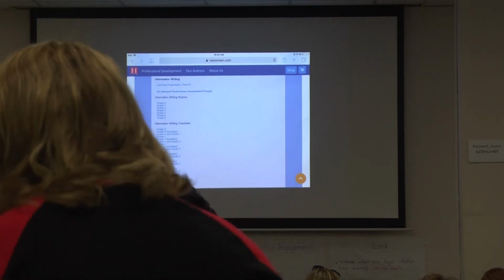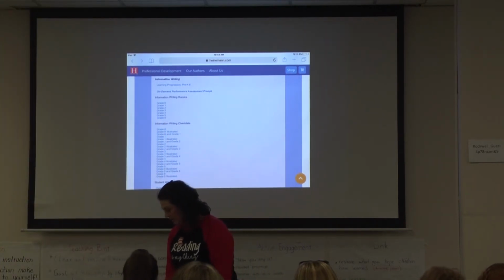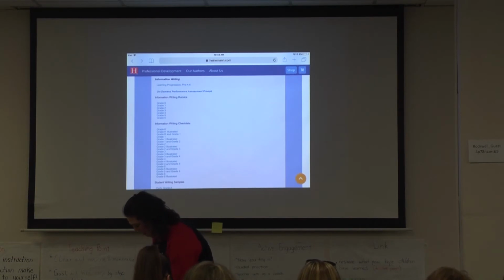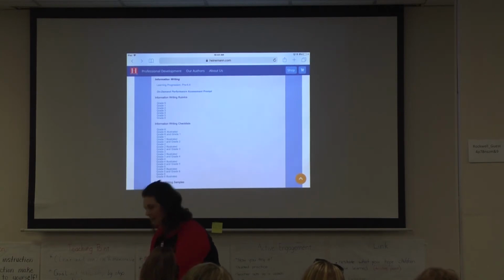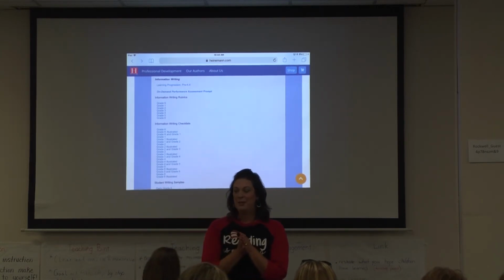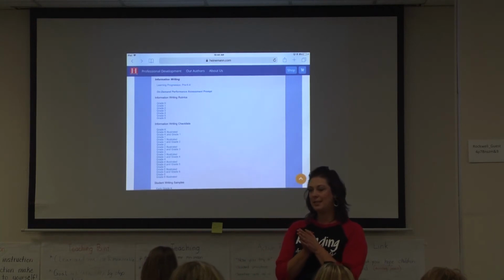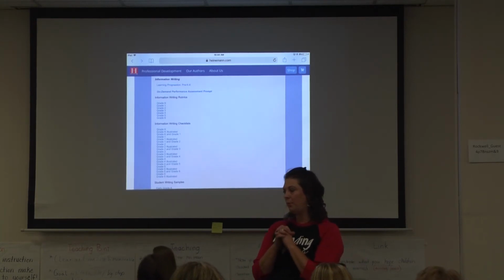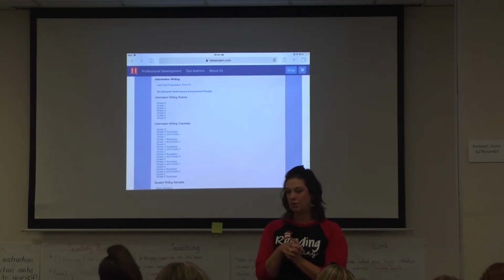Okay, on to chapter 5. In the Pathways book, everyone turn to chapter 5. I told Laura, I love this part because I feel like this is so powerful both for you and for the students.